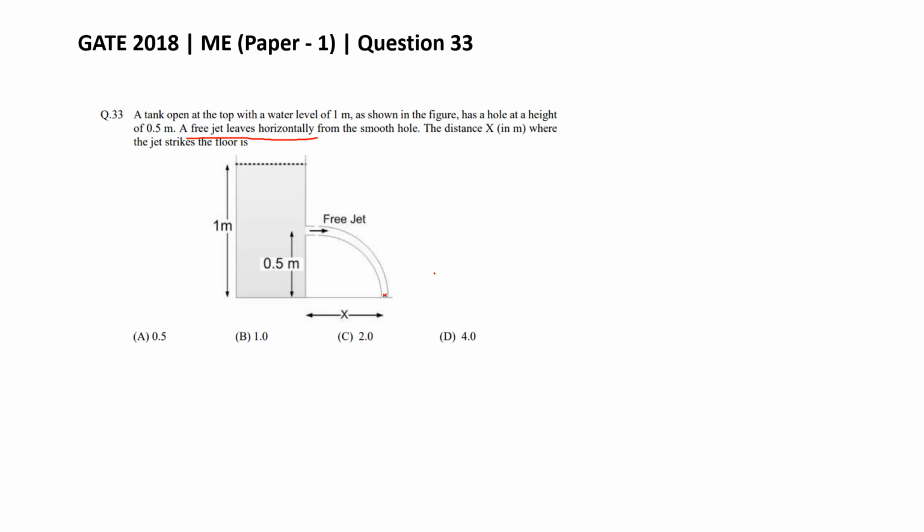The velocity at the striking point will be vertically downward. Yes, but what will be that velocity? The horizontal component at that point will be zero. So initially we have something, and finally that component is 0. And then you're saying v square minus u square is equal to 2as, but that acceleration is in the vertical direction.